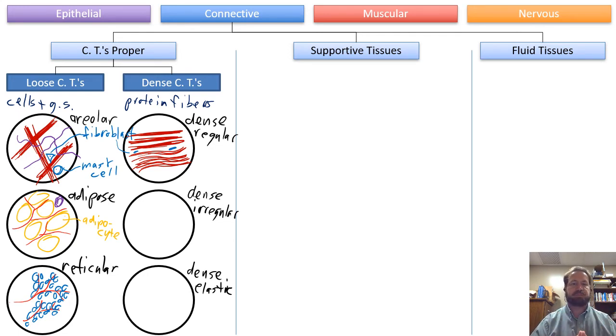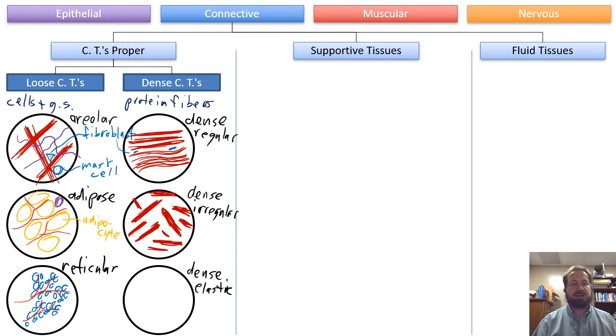Dense irregular tissues, on the other hand, solve the problem of what if I'm going to get pulled in lots of different directions, like the dermis of the skin or a fibrous capsule around a joint. In this case, we have collagen fibers arranged in multiple directions, kind of irregularly, as the name suggests, scattered among each other here and there.